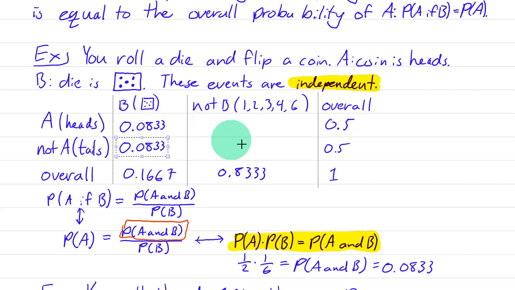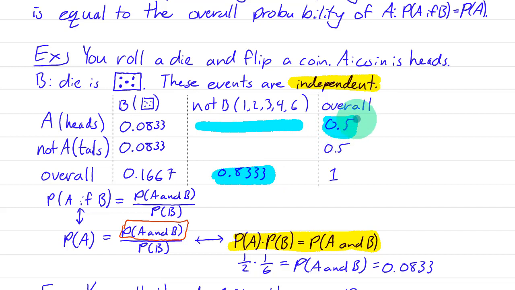Now, if you want to know the probability of not B, that's the 0.8333, and getting A and not B. So likewise, to get this one, the combination of these two events is equal to the probability of not B times the probability of A. So we're just going to multiply those together using the fact that they are independent.